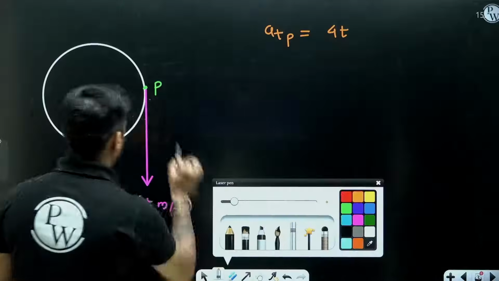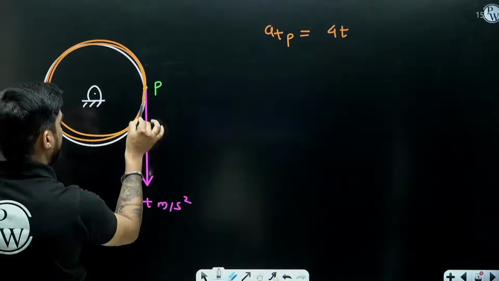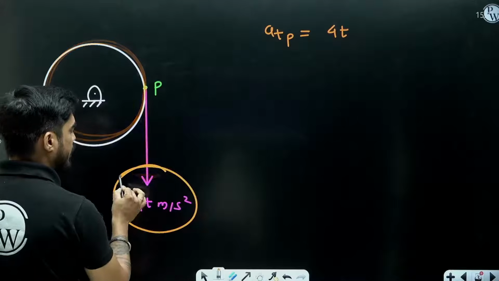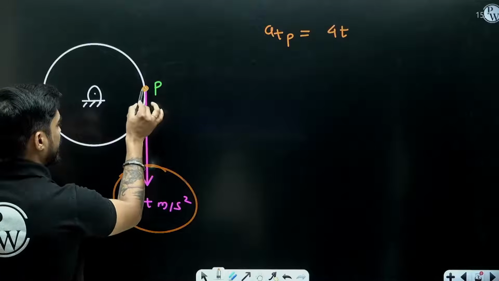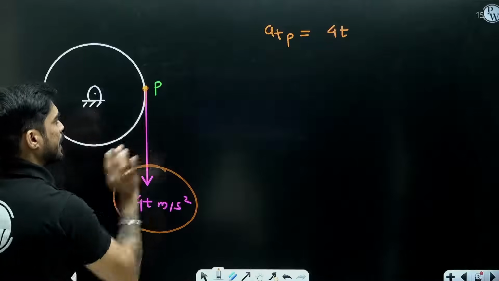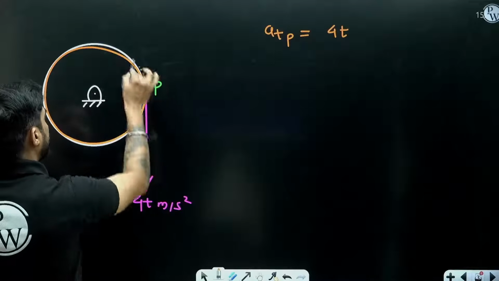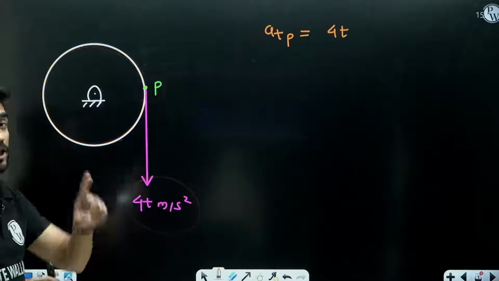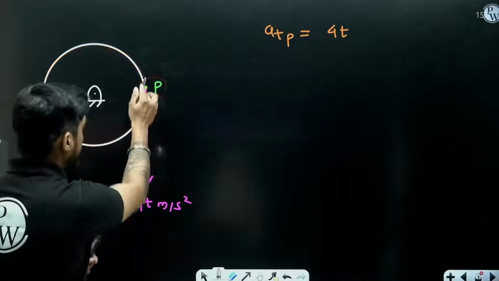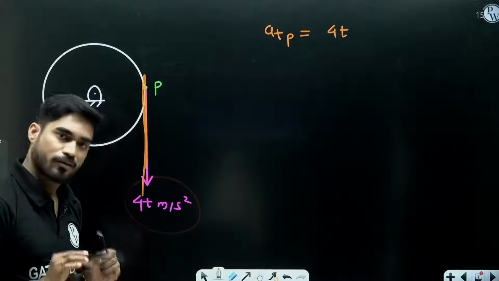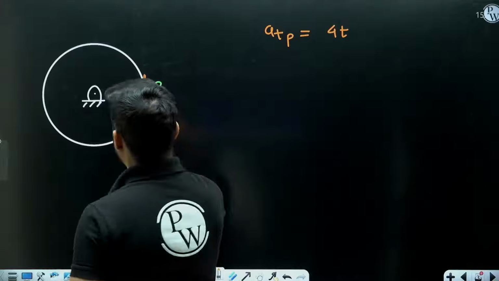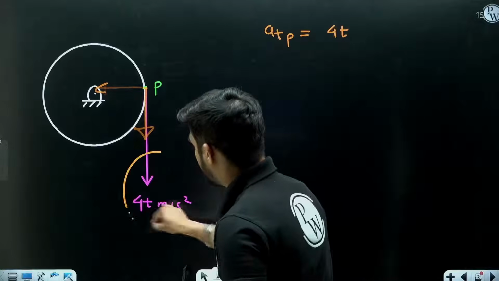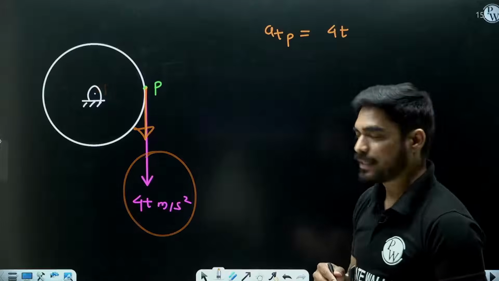Okay, so if a cord is wrapped around a wheel and there is no slip, then whatever is the acceleration of the cord, the tangential acceleration at the point of contact will be same. So the point P is on this wheel and it will also have the same tangential acceleration, not a total acceleration. Okay, this is going to be the tangential acceleration. Okay, the direction of normal acceleration will be this, tangential acceleration will be this. So tangential acceleration is equal to 4t meter per second square.